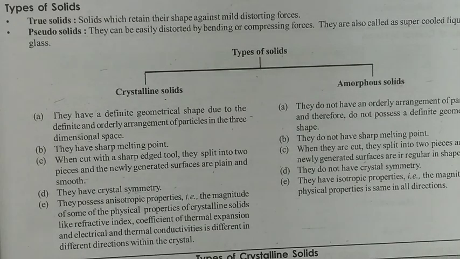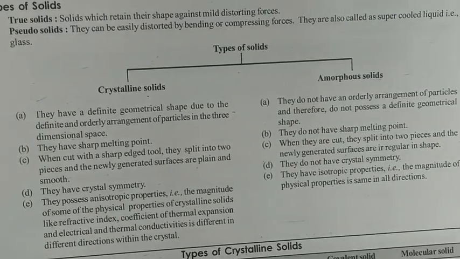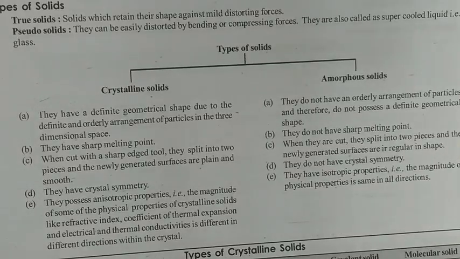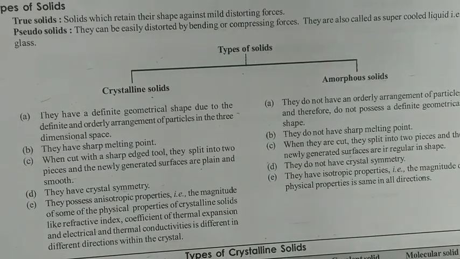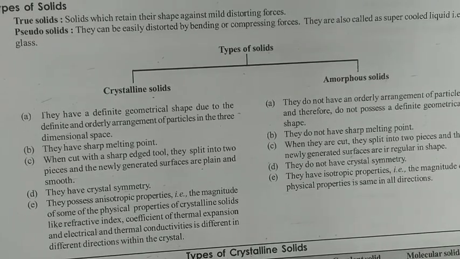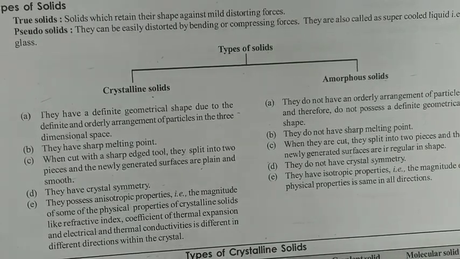Now, let us move on to the classification of solids based on the order of arrangement of constituent particles. Based on this, solids are classified into two types: crystalline solids and amorphous solids. Crystalline solids are solids in which the constituent particles are arranged in regular order.